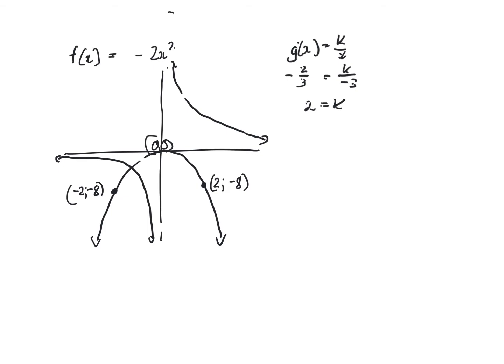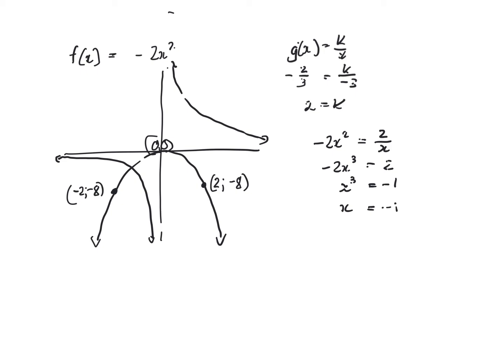I don't know what's wrong with my pen, folks. All right, so that I've done. Then the next thing, they want the coordinates of the point of intersection. So I'm going to let -2x² equal 2/x. Multiply through, I'll get -2x³ equal to 2. I'll get x³ equal to -1, and therefore x is -1.